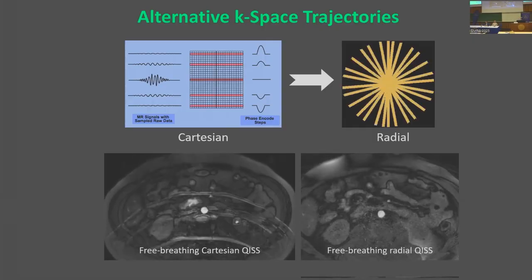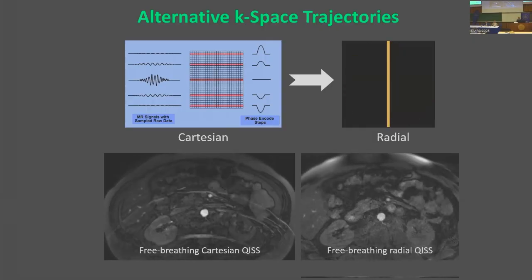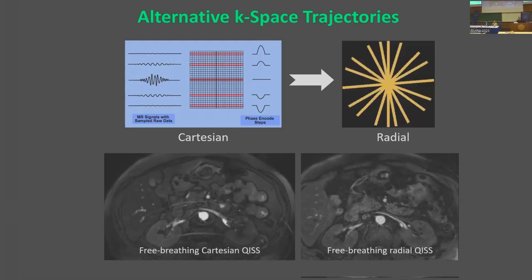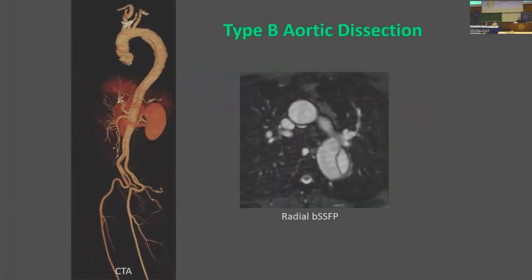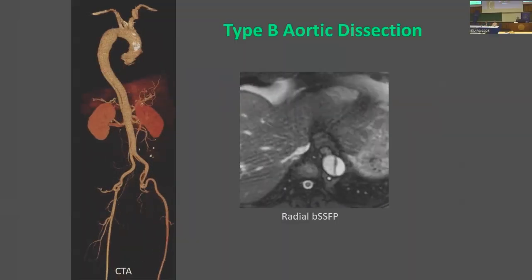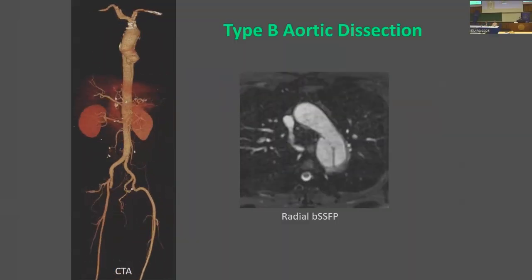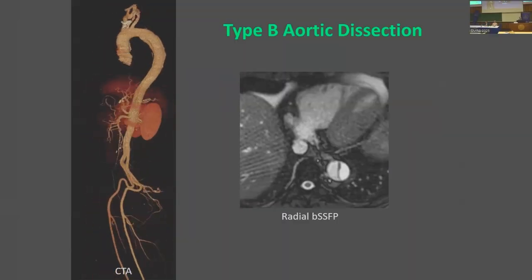And here you see a comparison between radial and Cartesian, where you get rid of all the ghosting artifacts. And we are using this routinely. It's not something that's commercially standard in our system, but very easy to implement.